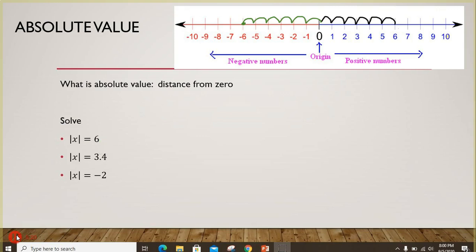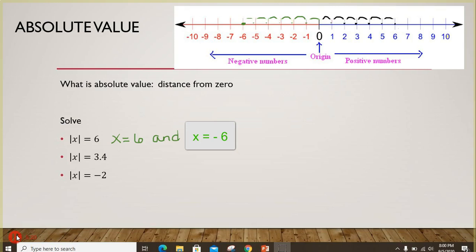And there's two answers. The first answer is x equals 6, and the second answer is x equals -6. There are two numbers that have the same absolute value. No matter where you are on the number line, there is another number on the opposite side of zero that has the same absolute value.